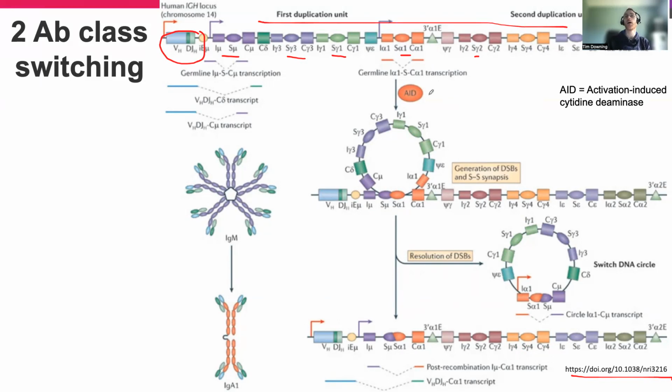We have AID, activation-induced cytidine deaminase, assisting with this process of forming a loop so that 2 S regions can come together to excise the constant regions that are not of interest and create this segment with the VDJ element and the constant region of interest. And then we have this excised part as well. The 2 breaks that are created are resolved there.